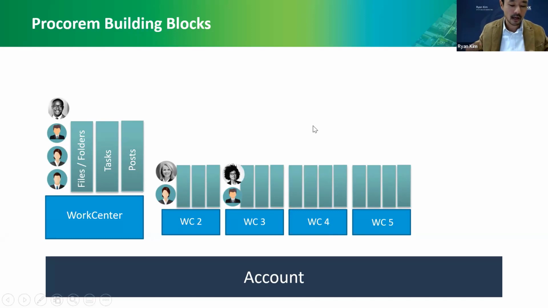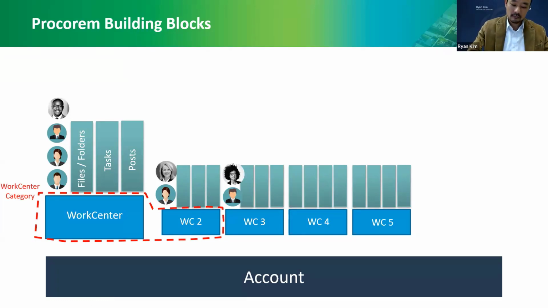When you have a lot of work centers, sometimes it's hard to organize. There's such a thing as too many work centers. And in order to stay organized with too many work centers, there are a few things that you'd like to be informed of. One is work center category. So you're able to create a grouping of work centers visually, so it'll be easier for you to see them together and easier to navigate.